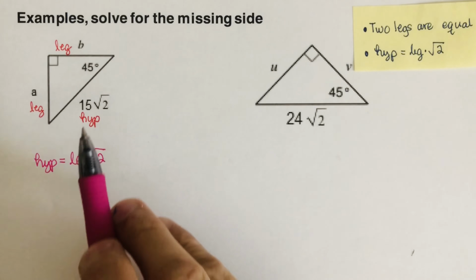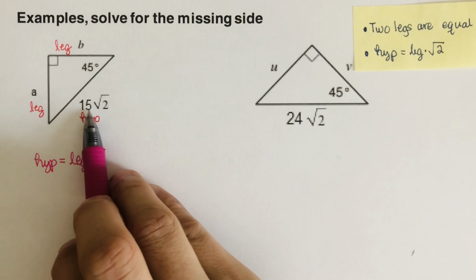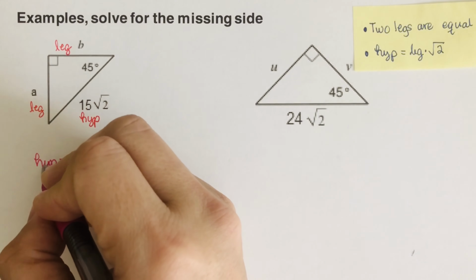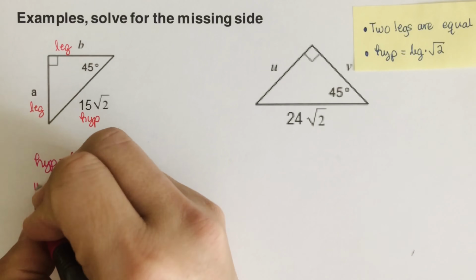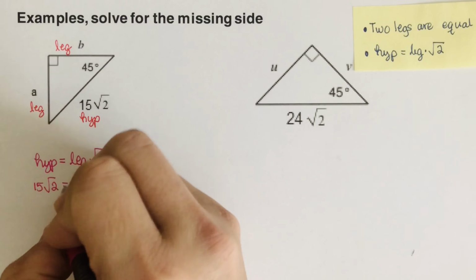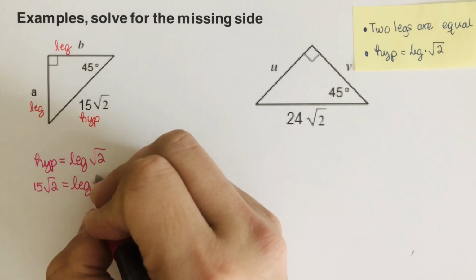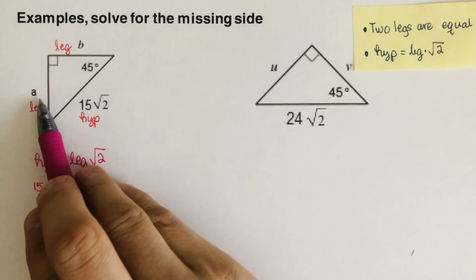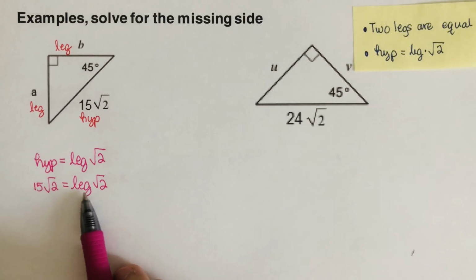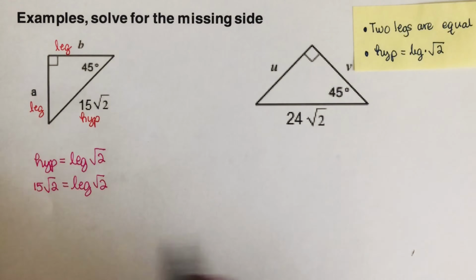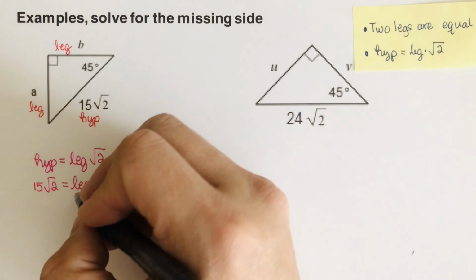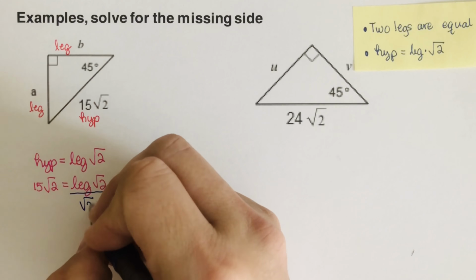What is the value for the hypotenuse? Our hypotenuse is 15 square root of 2, so I plug that in here. 15 square root of 2 equals leg square root of 2. We want to solve for the leg in this problem. Since we want the leg by itself, we're going to divide both sides by square root of 2.